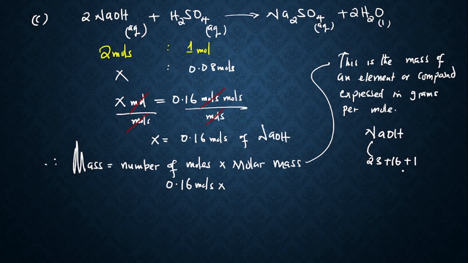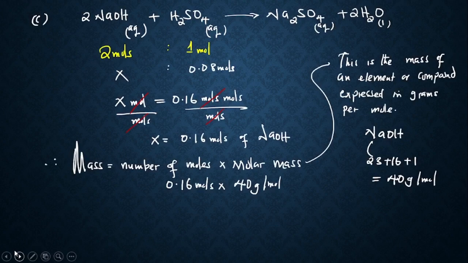So 0.16 mole multiplied by 40 grams per mole, our answer will be 6.4 grams of sodium hydroxide.